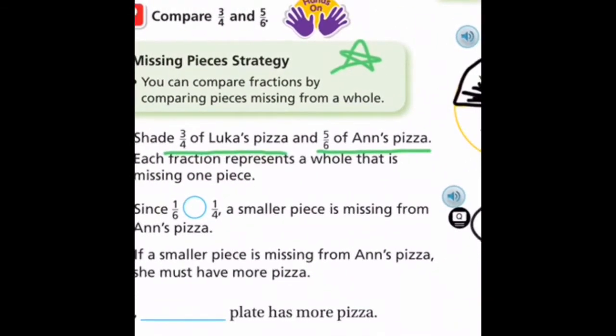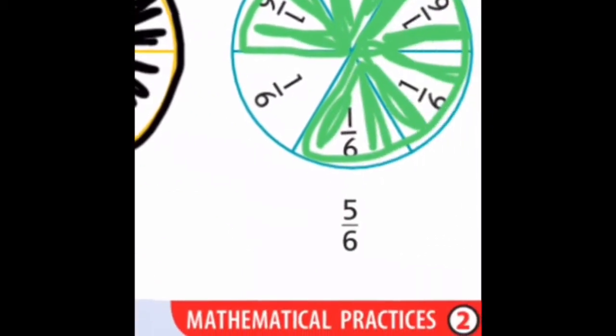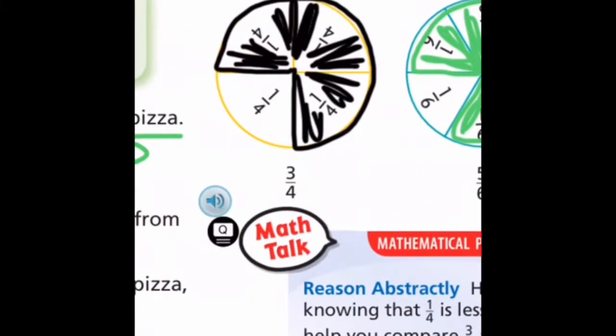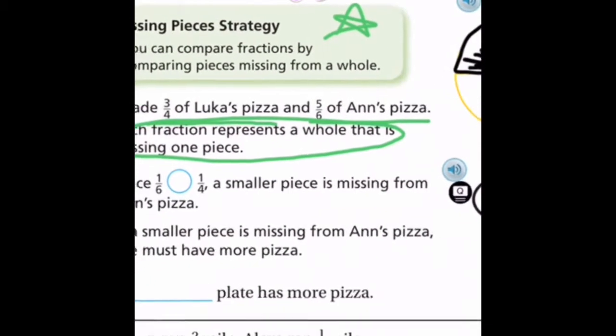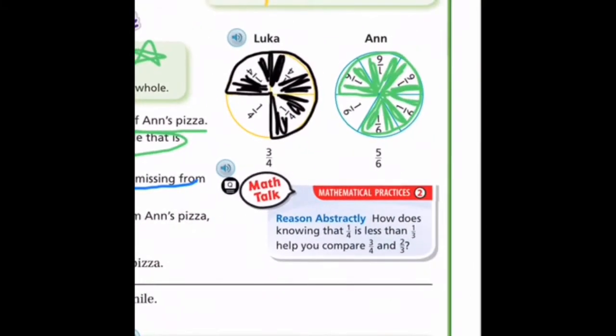Alright, next step. It says right here, each fraction represents a whole that is missing one piece. One slice is missing out of Luca's, this one right here. And same with Anne. That one right there is missing. Since 1/6 is blank and 1/4, a smaller piece is missing from Anne's pizza.